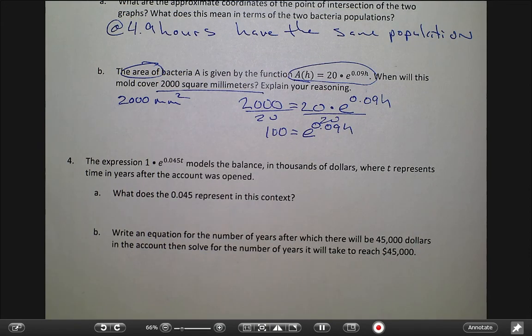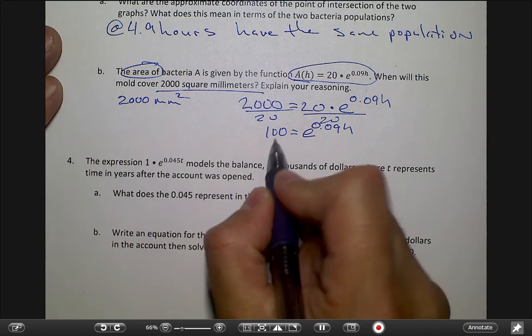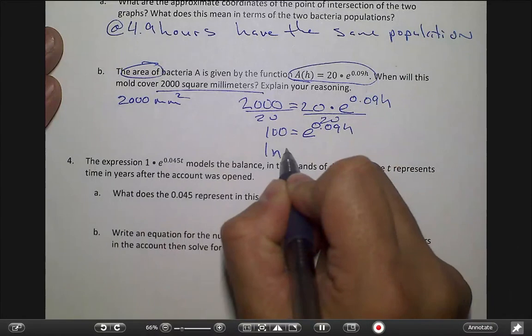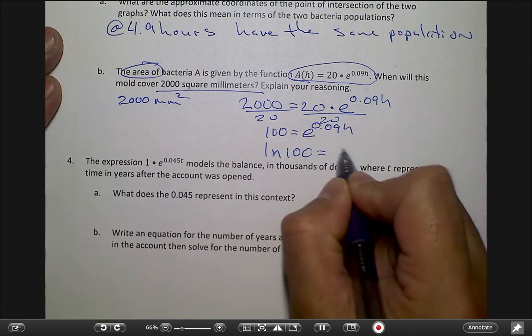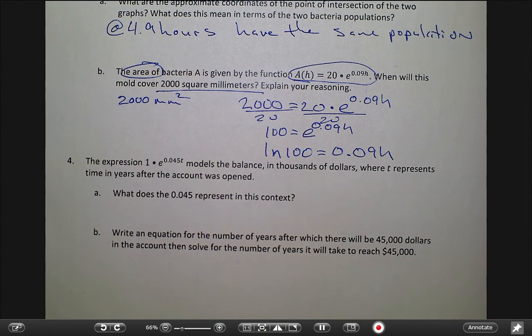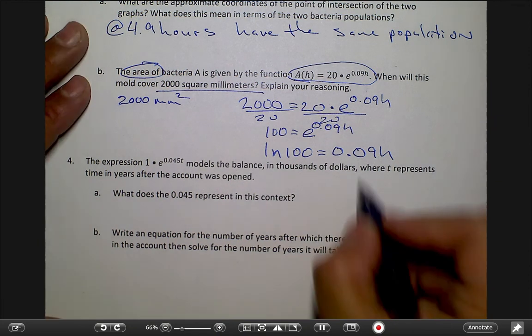So at this point, what am I going to do? ln. So I'm going to ln both sides. So ln 100 is equal to 0.09h. Divide by what? 0.09. Very good. Divide by 0.09.